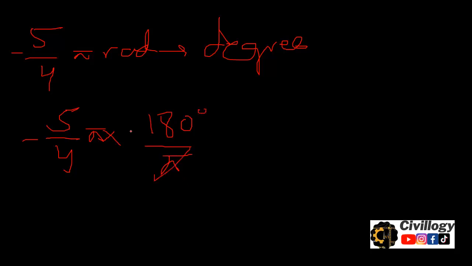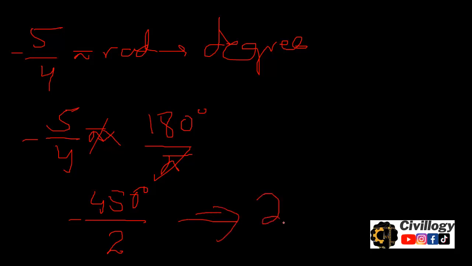This pi will cancel out this pi, and if we simplify this, we will get 450 degrees divided by 2 with minus. Simplifying it, we get minus 225 degrees.